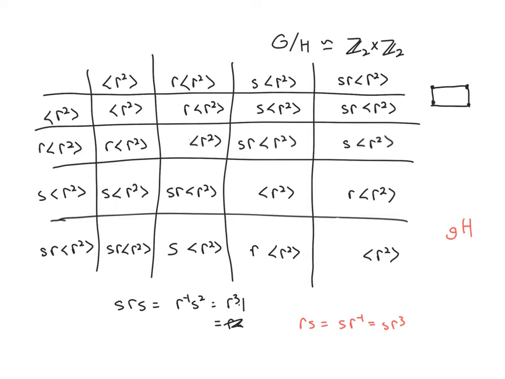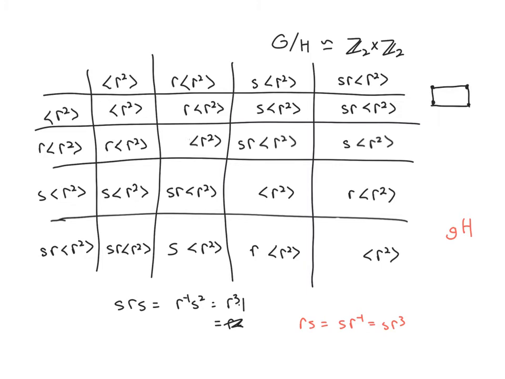The majority of the challenge in filling this table in is that, since I've chosen these as my coset representatives, I want all my entries to look like these four. In other words, I don't want to see an sr s or r squared.